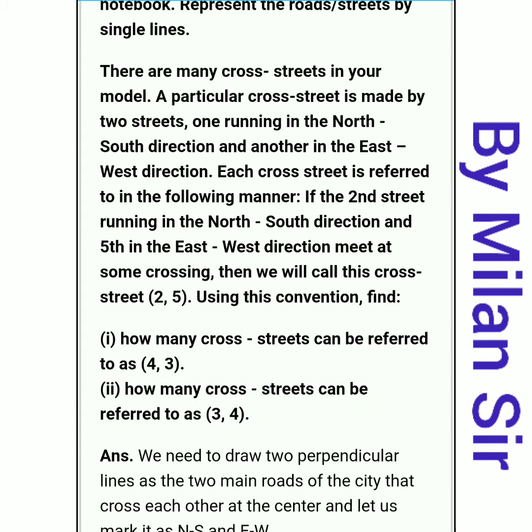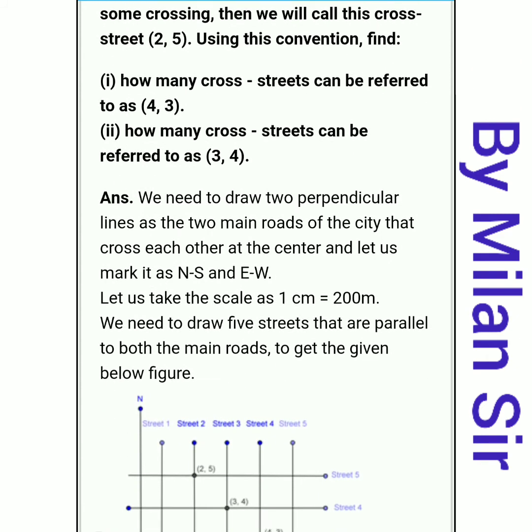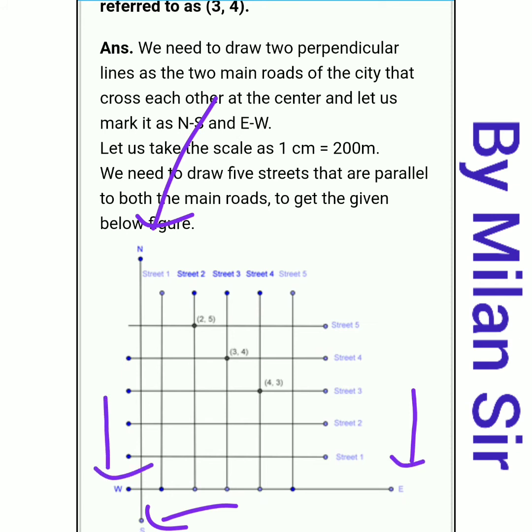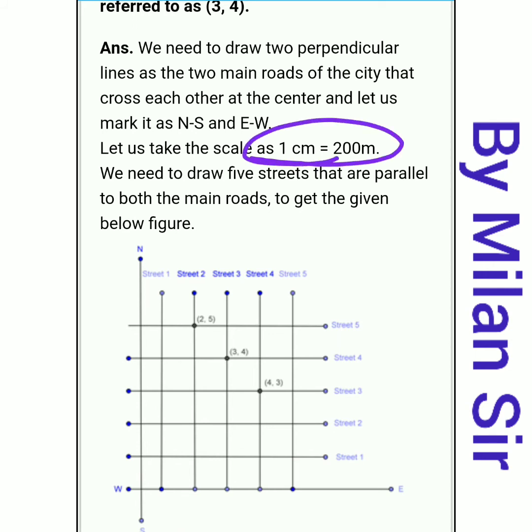So first of all we need to draw the graph. Here, first of all, north and south direction, east direction, west direction. Now north-south represents the x axis, and east-west represents the y axis. Our scale is 1 centimeter equals 200 meters.